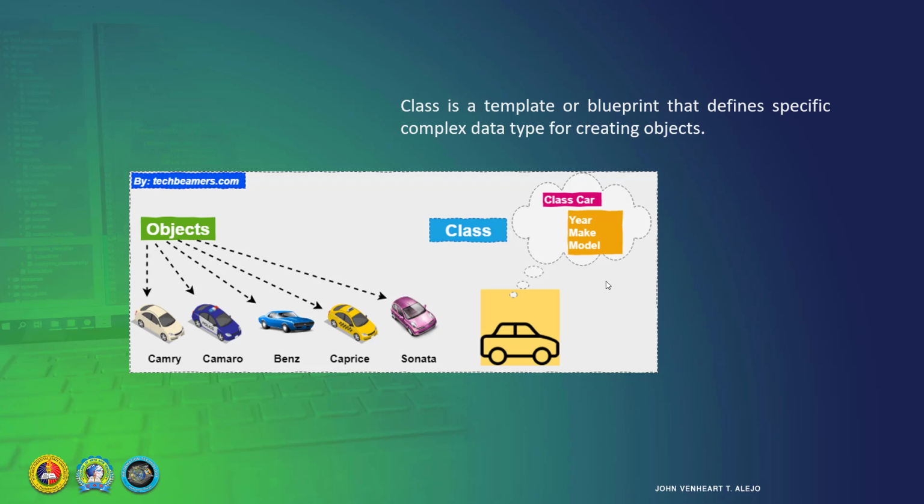Okay. Another good example of that is, all of us have a Facebook account, right? We take that example that our blueprint is Facebook. The Facebook app or facebook.com is the blueprint. So now, when we log in, when we create an account on Facebook, we hold our account as an object of facebook.com.